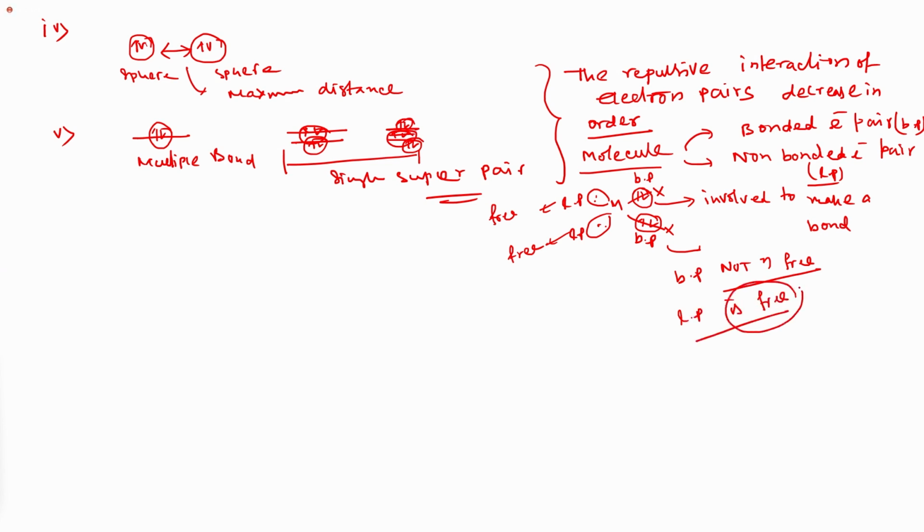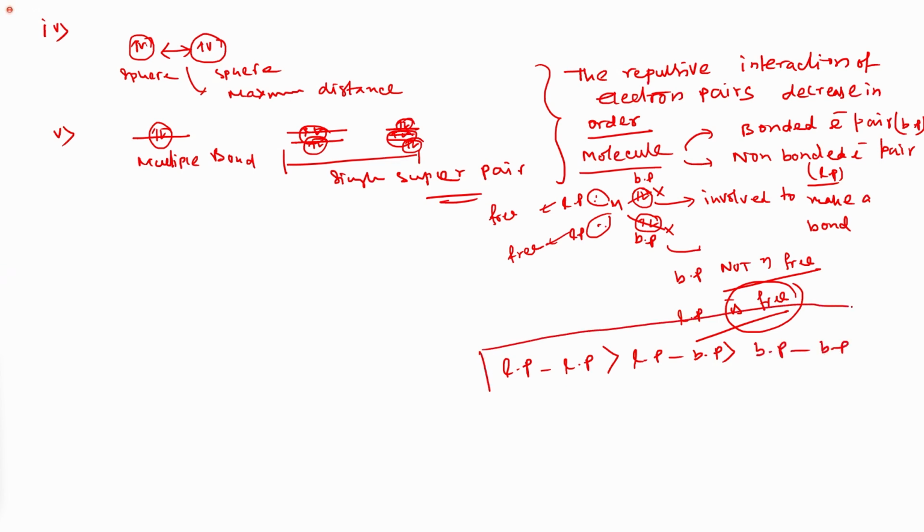Due to this freeness of the lone pair, the lone pair repulsion will be more, because these lone pairs are non-bonded and not involved in other work, so they are free. That's why lone pair repulsion is the maximum. Then lone pair-bond pair repulsion, then at the end, bond pair repulsion.